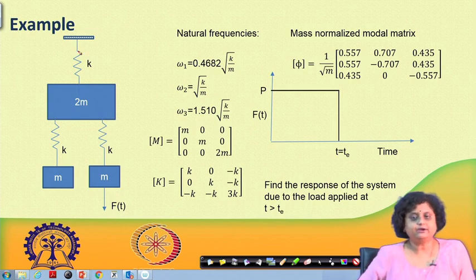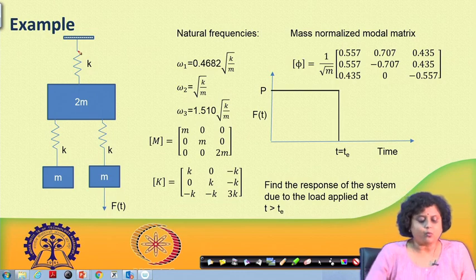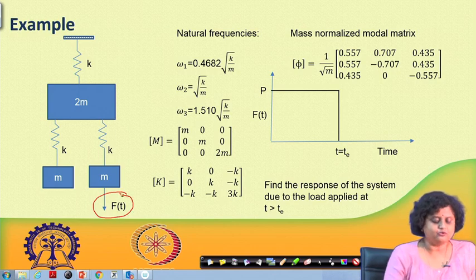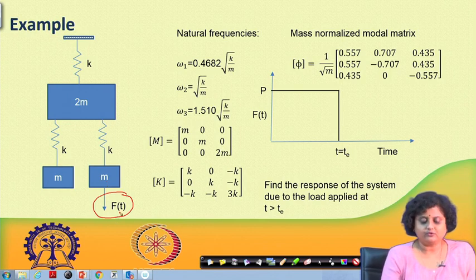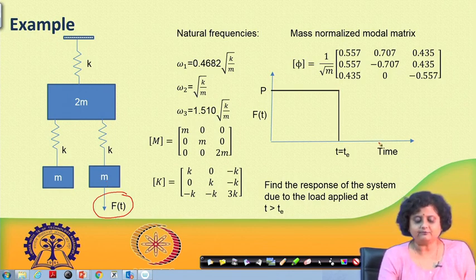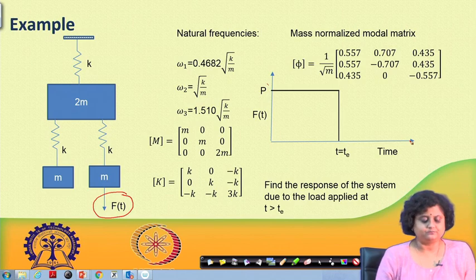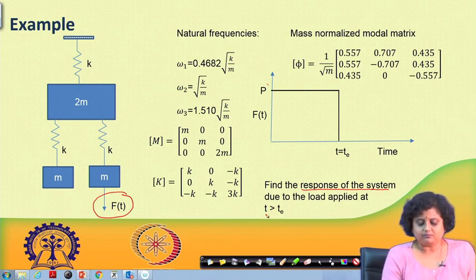I have this 3 degree of freedom system, which I have already talked about earlier. The only new thing is that there is an applied force F t acting on the mass m 2, and the force is a rectangular function which has a value of p till t equals t e, and after that it becomes 0. We need to find out the response of the system due to the applied load at time instant t greater than t e.